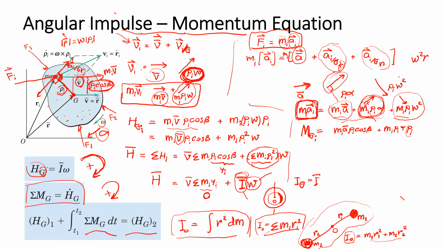But for the normal force, the centrifugal force here, the direction of the centrifugal force passes through the point G. So this component of force doesn't create a moment about point G. So the third term will create zero moment.